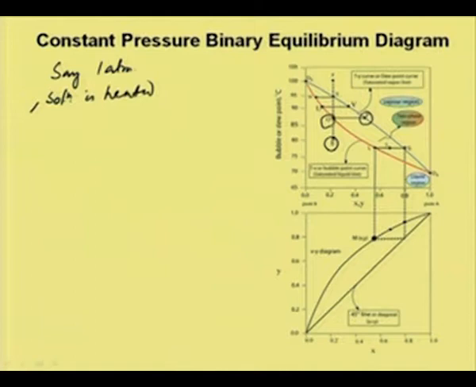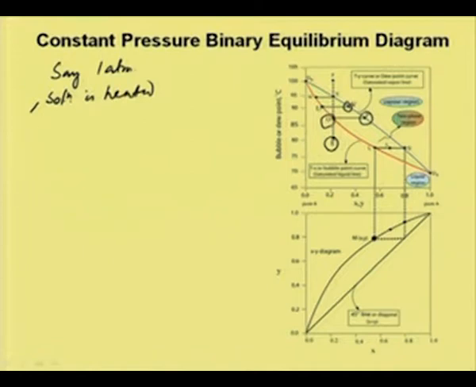If we continue to heat, the liquid will follow the line O to U, and it will give the vapor composition at V. But the composition of the entire mass will still remain as at E.